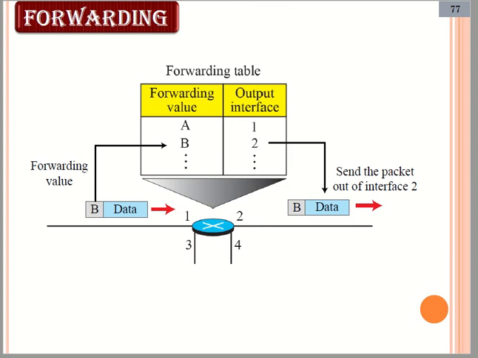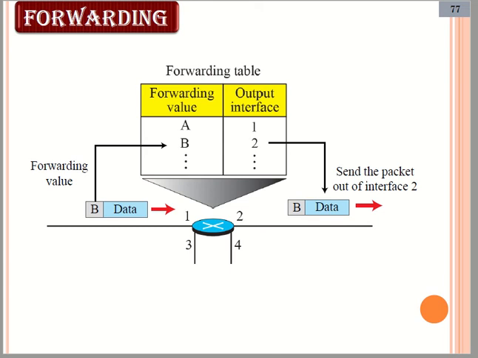So in order to route the packet in the best possible path, the router has to forward the packet. In other words, we call it forwarding. Forwarding can be defined as an action applied by each router when a packet arrives at one of its interfaces.